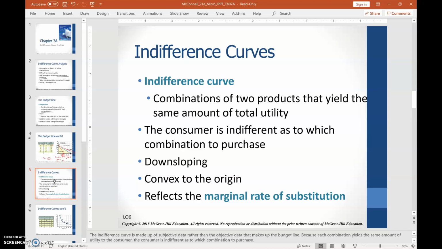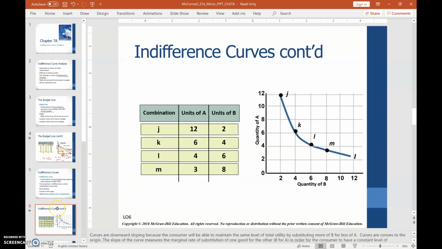Now take a look at this indifference curve analysis. So this is showing us the combination of two products that yields the consumer the same total utility. So this is how the indifference curve looks like.